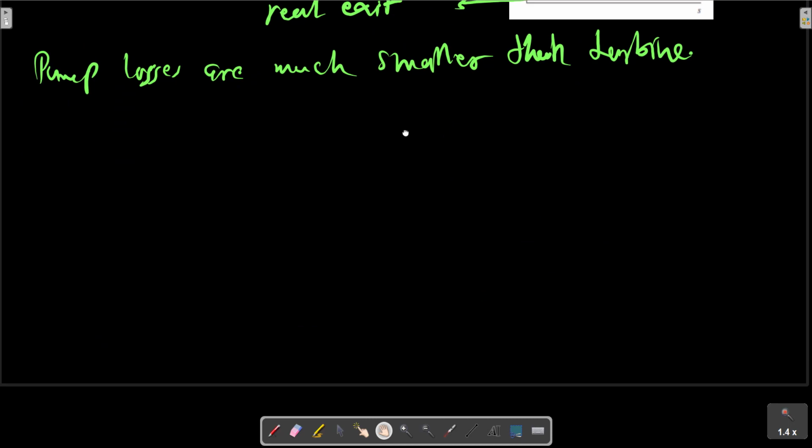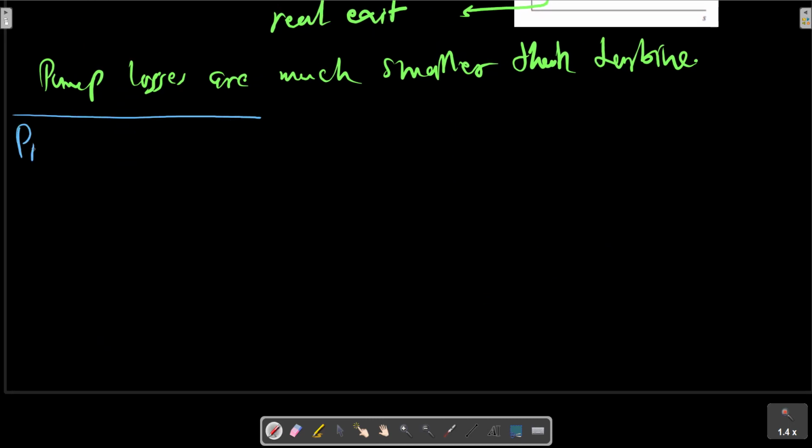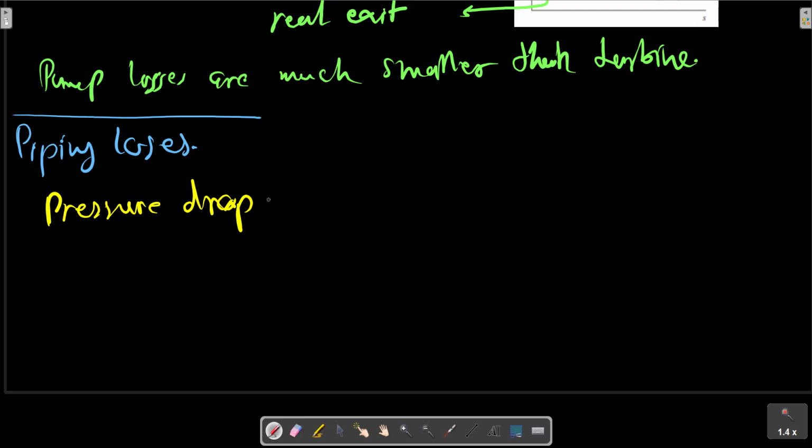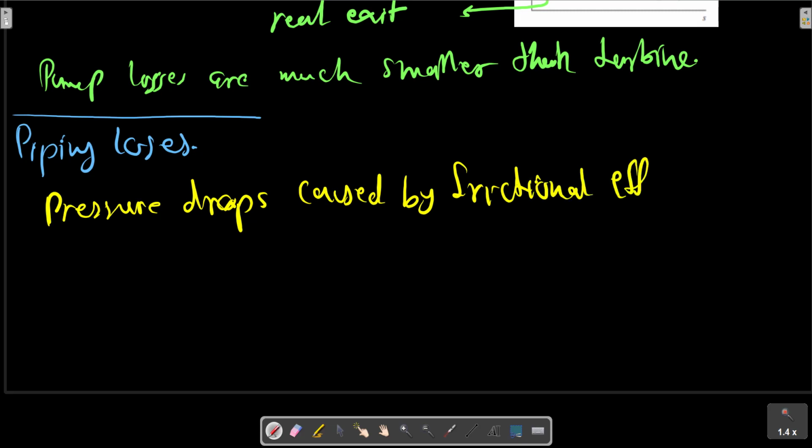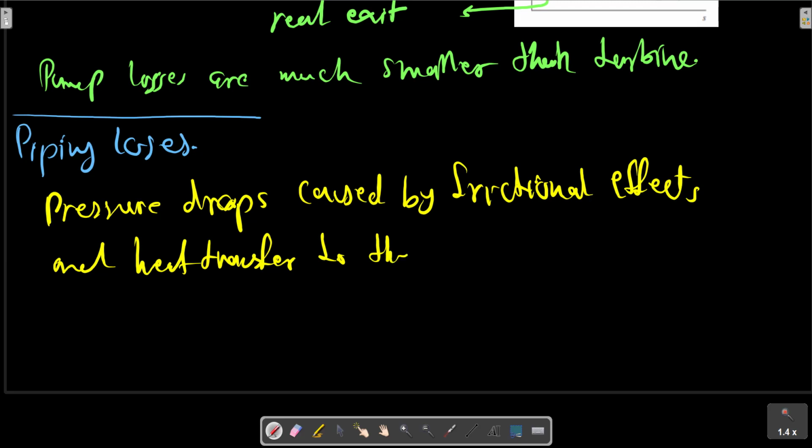Piping losses. Pressure drops caused by frictional effect and heat transfer to the surrounding are the most important piping losses.